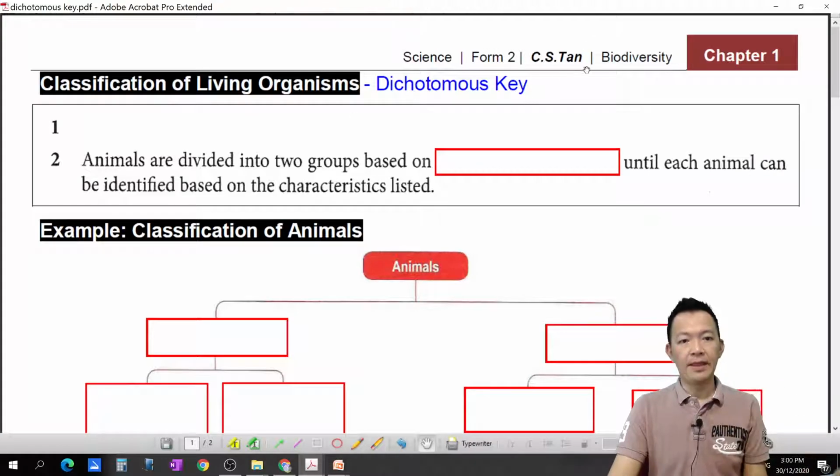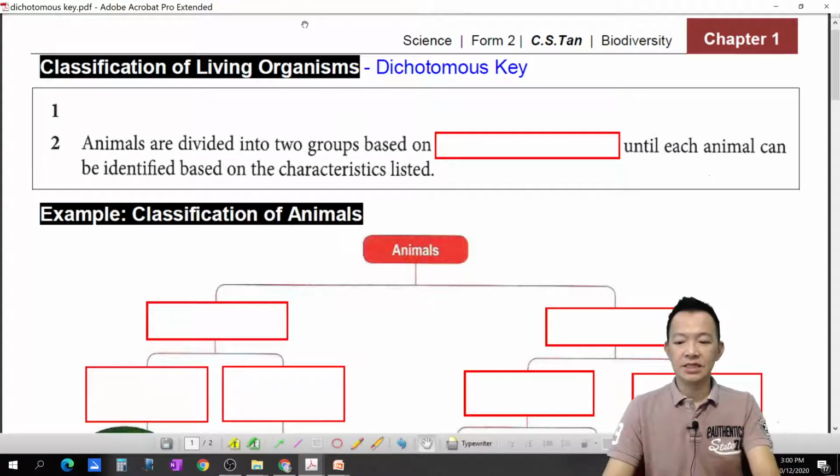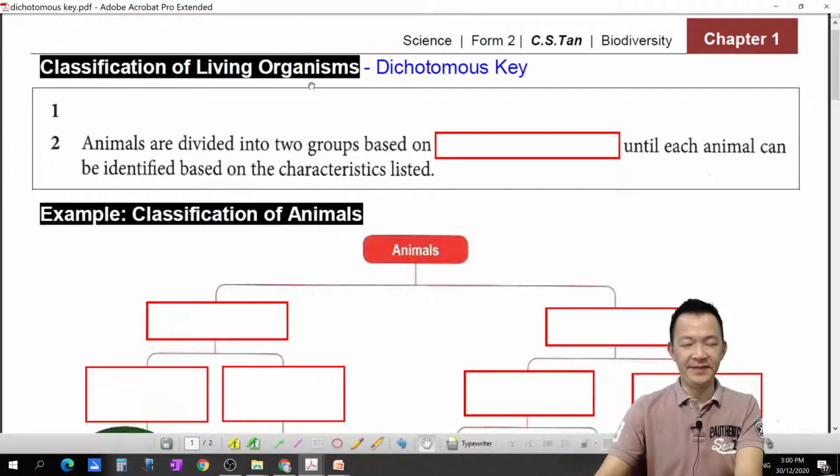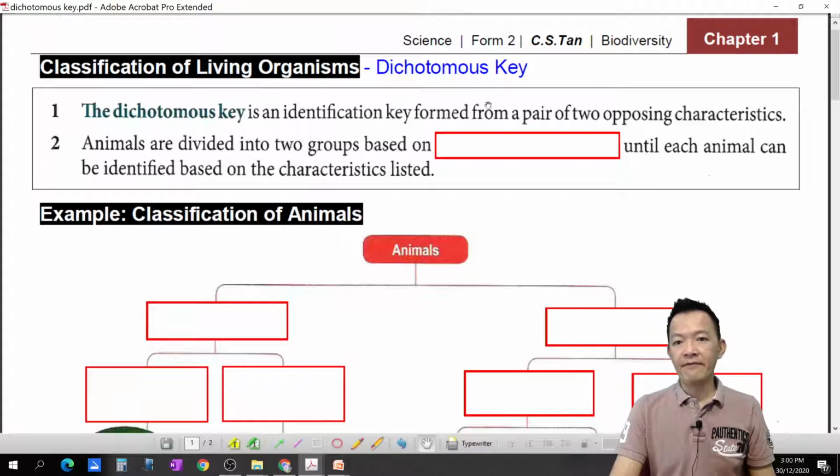What is a dichotomous key? Don't worry, it's simple. The dichotomous key is an identification key formed from a pair of two opposing characteristics.